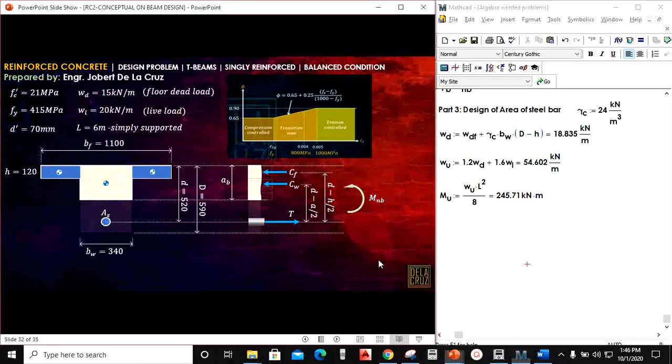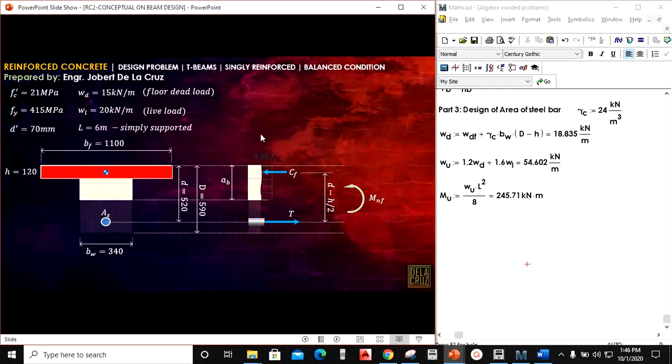Okay, tingnan nyo na lang. Okay, look at this one. I will calculate the capacity of the flange. This is the total flange, okay? Hindi yung overhanging flange. The total flange. I will just calculate MNF or phi MNF, then I will compare to this one. Ito yung magiging determinant natin if lumagpas yung A natin sa web or hindi.